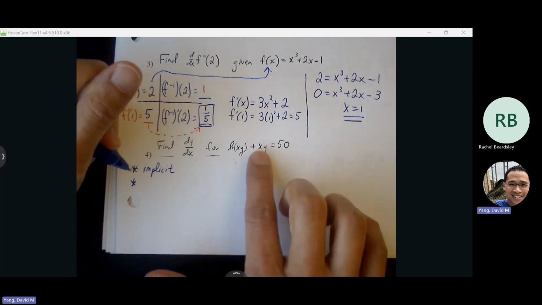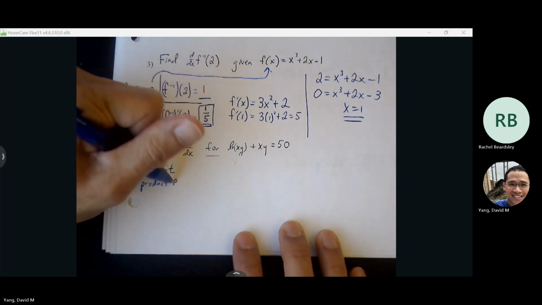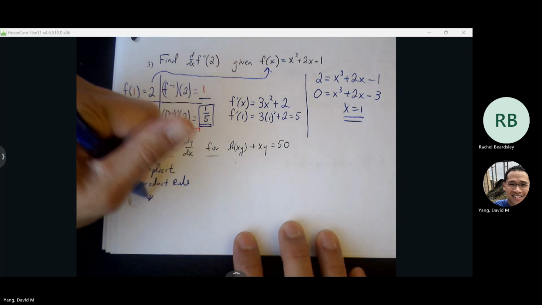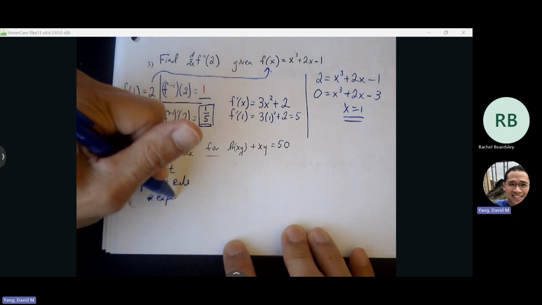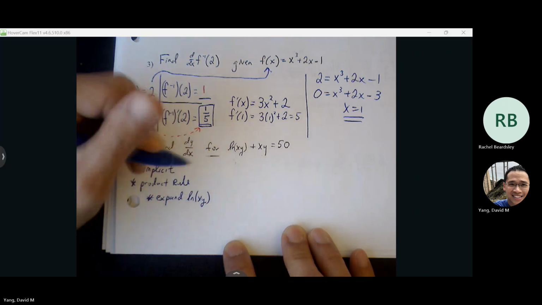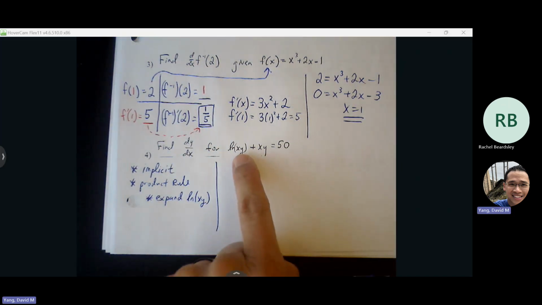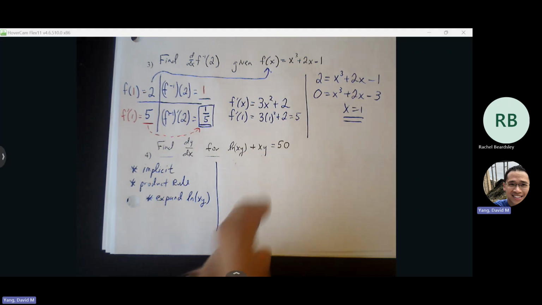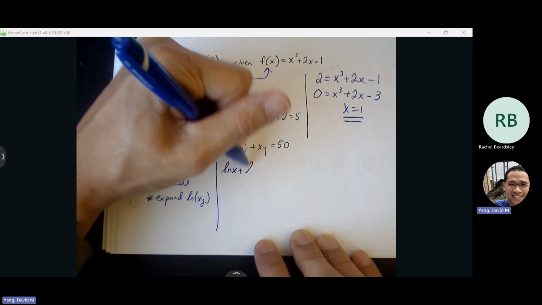We know there's also a product rule here, that xy. And then we know there's also expansion properties that we can apply here. So we should start with the expansion, since we want to do that before the derivative process shows up.